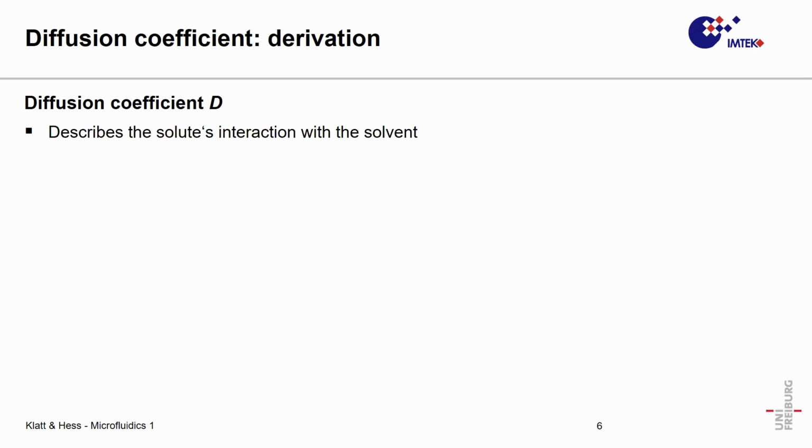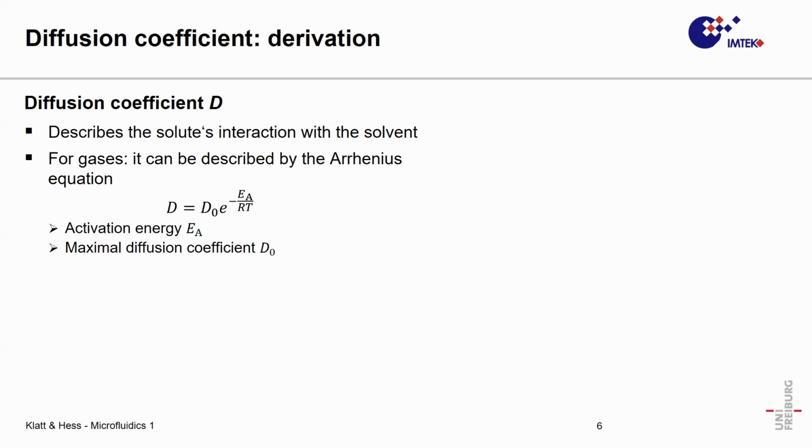The solute in this case would be the particles that move through the liquid, and the solvent would obviously be the liquid. For gases, the diffusion coefficient can be described by the Arrhenius equation.